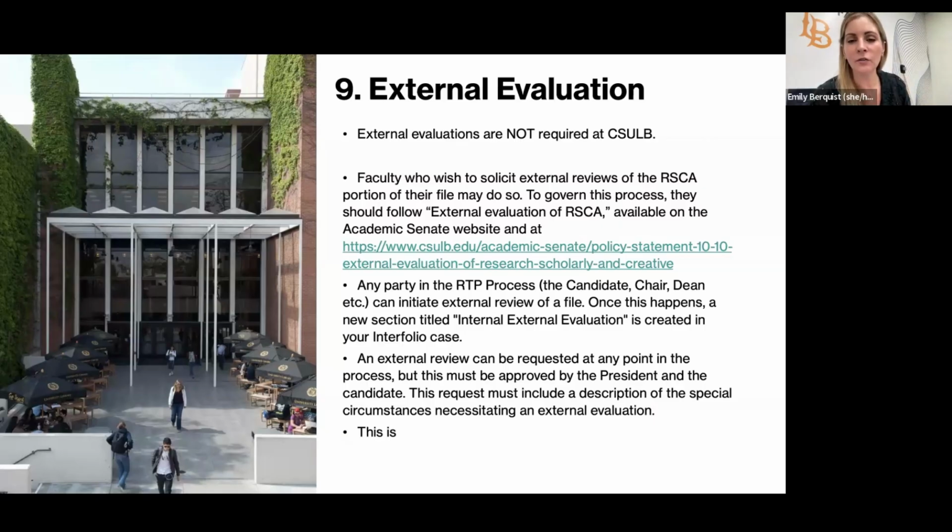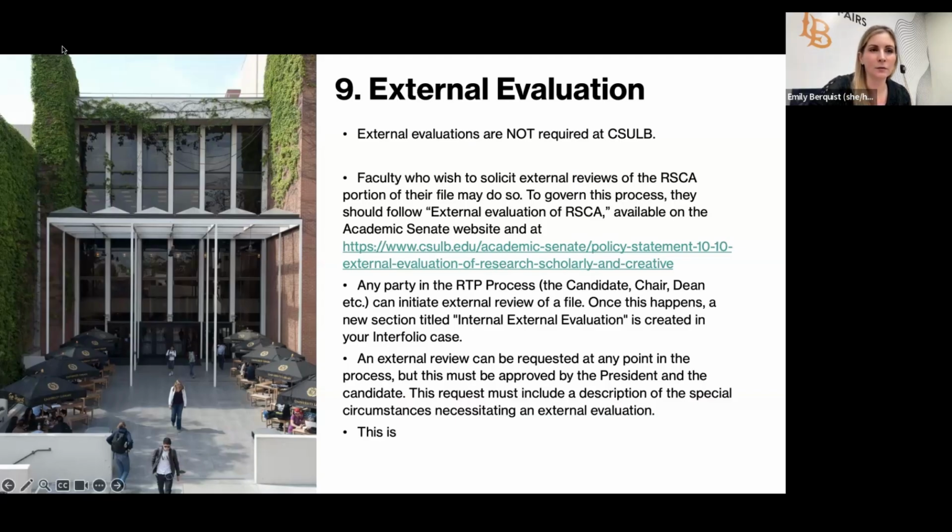And remember, an external review can be requested at any point in the process, but it has to be approved by both the president and the candidate. And the request must include a description of the special circumstances necessitating an external evaluation.